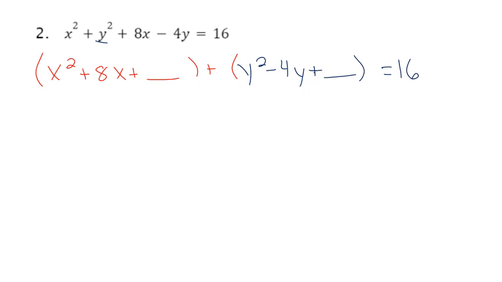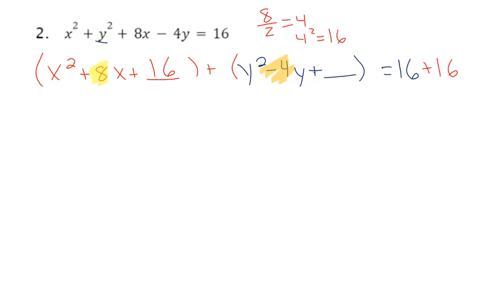And then we're going to go ahead and complete the square. So I'm going to take my positive 8, and then for the other y, I'm going to take my negative 4y. So 8 divided by 2 is 4, and 4 squared is 16. So I'm going to add 16 to the left and 16 to the right.